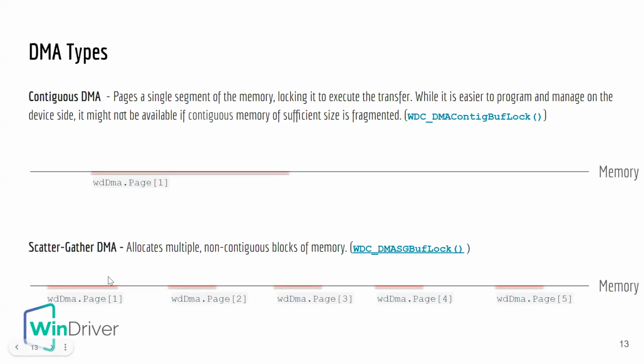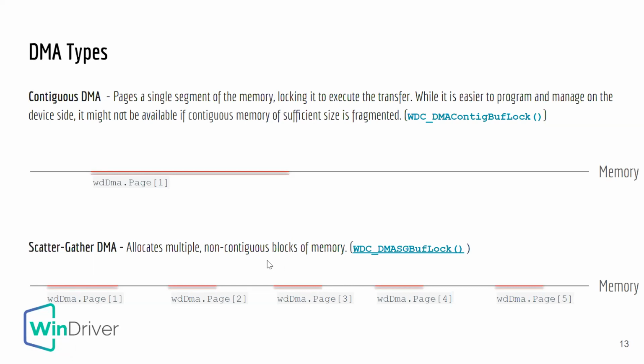This way, the buffer will be scattered across different pages, and it is more robust. However, it is more difficult to implement because then you need to start managing these pages. Which is better, which is faster? That depends. That depends again on your device, on your buffer size.